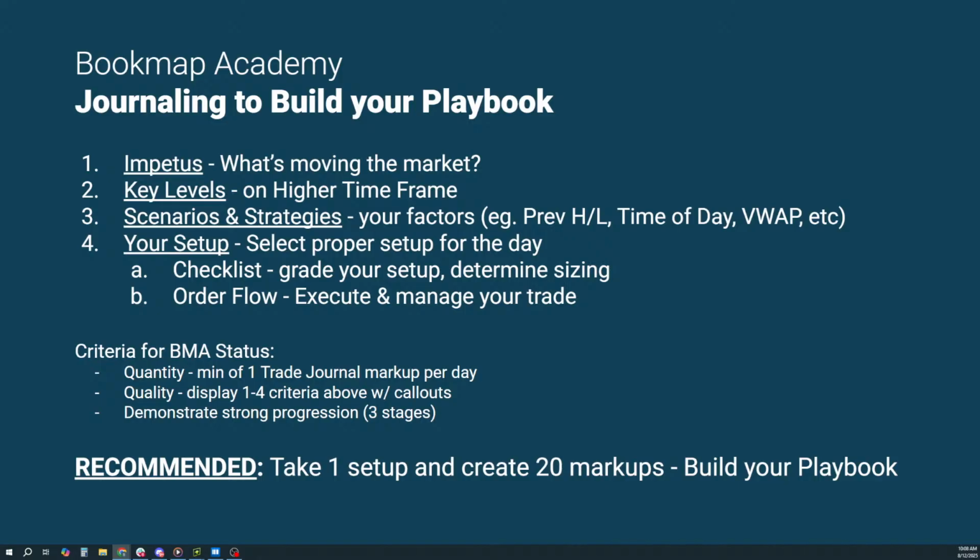Then we look at scenarios and strategies, starting to understand where price might go based off of the order flow, or previous high of day, low of day, the time of day, maybe other indicators, could be volume, whatever it is. But you can see finally, number 4, we get to our setup. After understanding this bigger picture context, it's really important to get that bigger picture context.